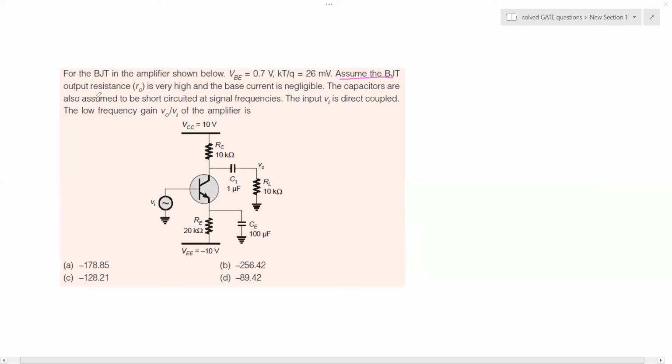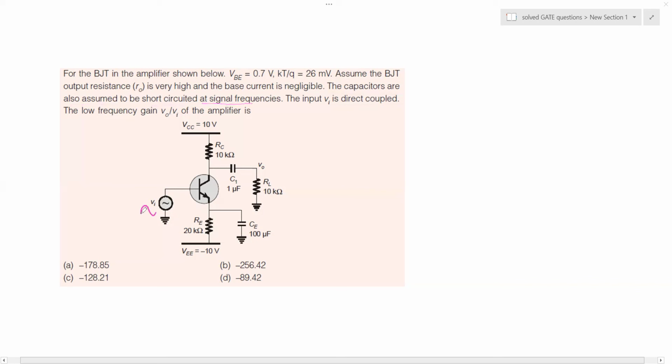Assume that the BJT's output resistance, which in a small signal model is indicated by RO, is very high, and also assume that the base current is negligible. So the current that flows into the base pin of the transistor is also to be considered negligible. The capacitors are also assumed to be short circuit at signal frequency.